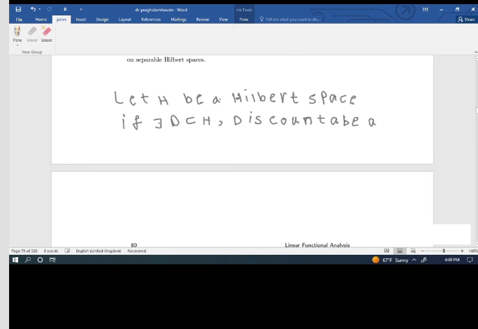I mean D bar, the closure of D, equals H, and D is countable.